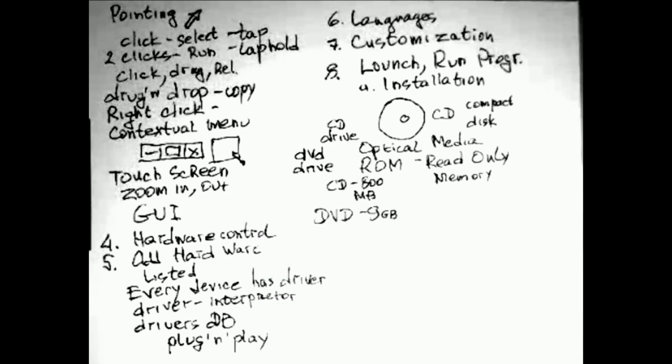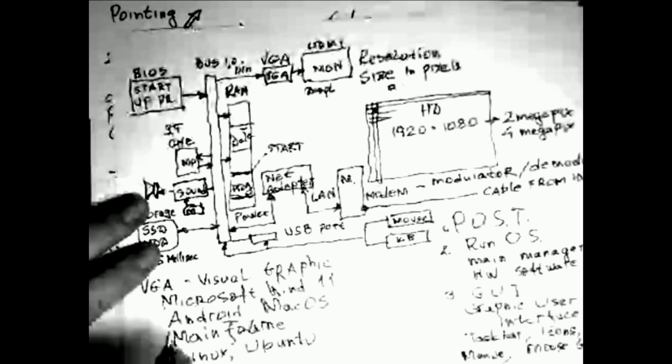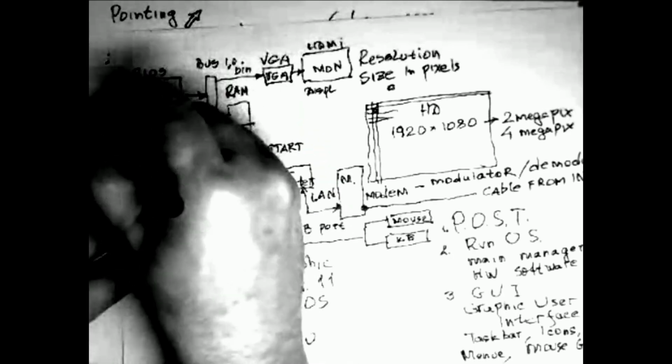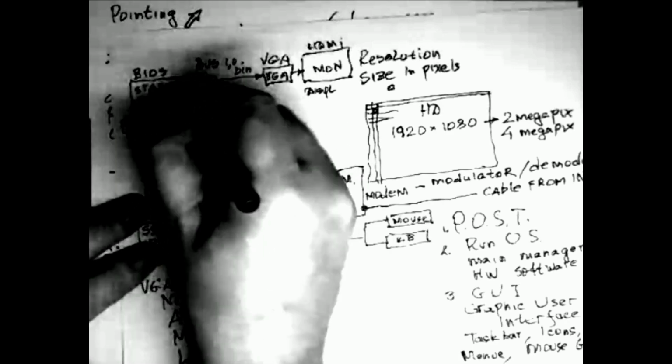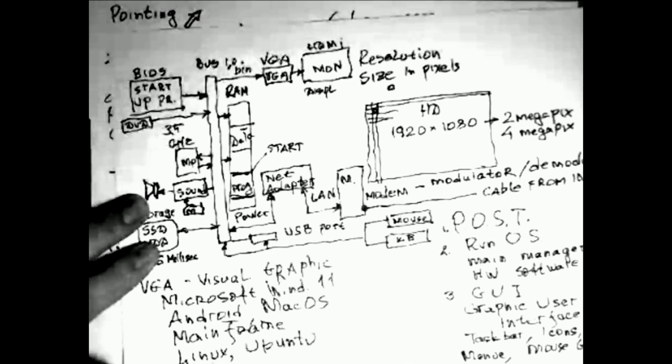On some computers, the DVD drive is already built in. So on our picture here of the computer, I can put DVD and connect it to the bus. DVD drive.